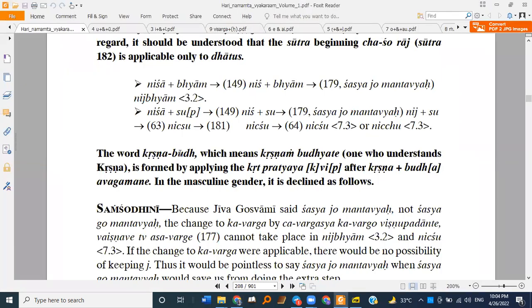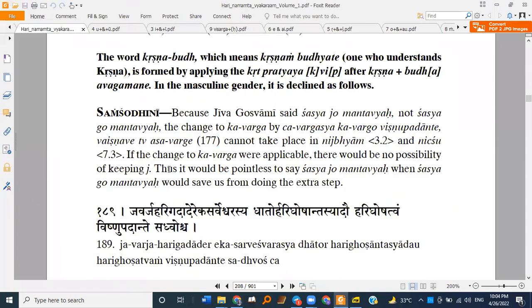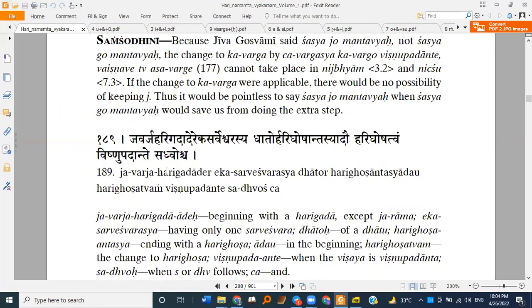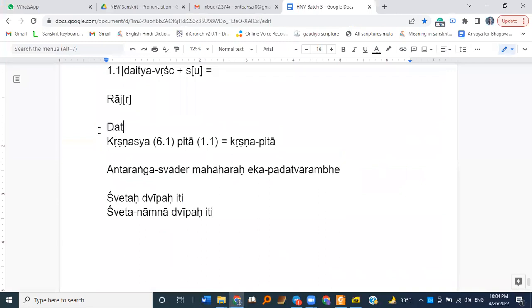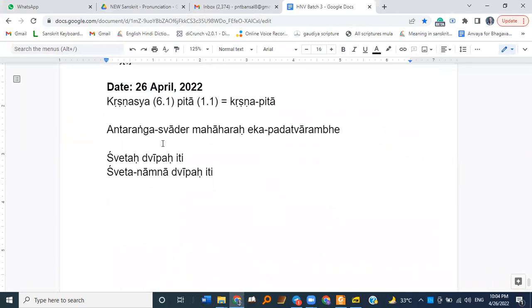So Krishna Buddha. The declension. First of all, let me put the date. One. Krishna Buddha.